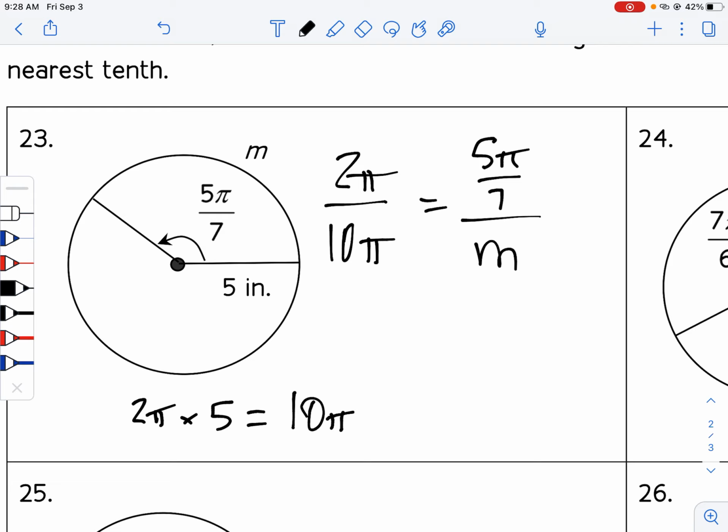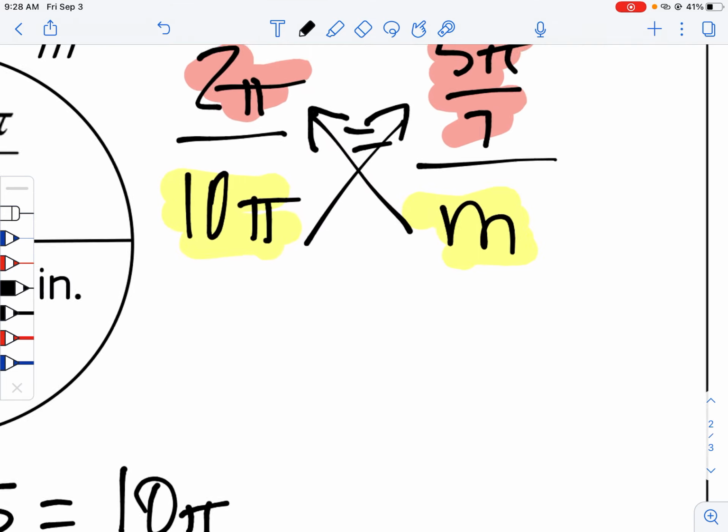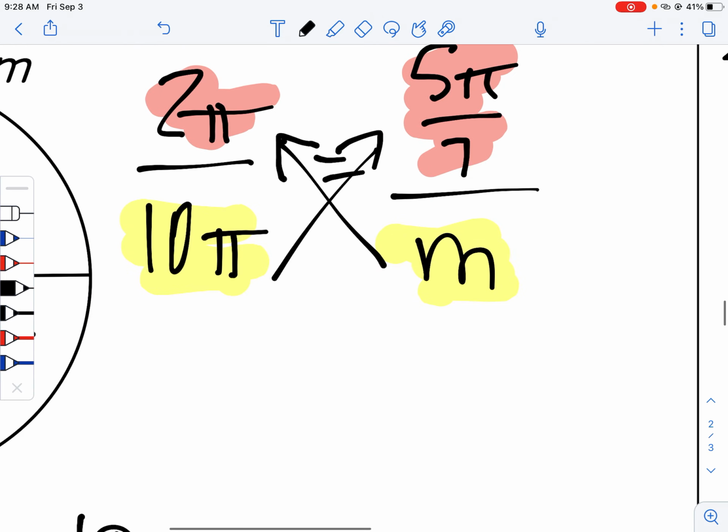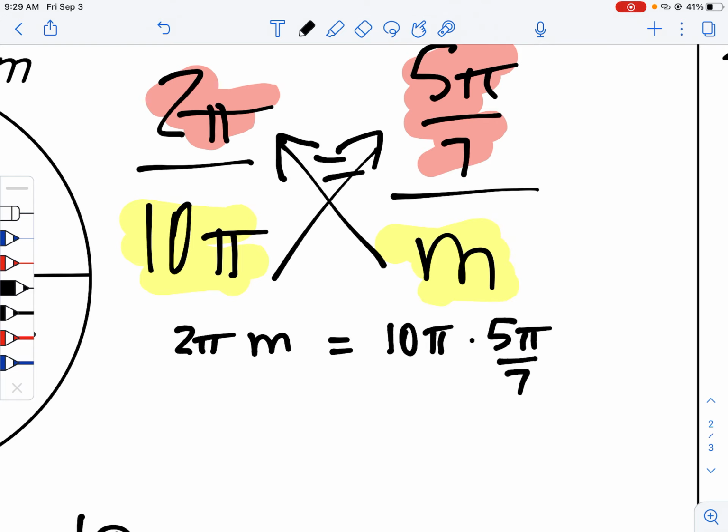Now, it doesn't matter which position these are all in as long as they match. So the way that I have this set up here is I have my circumference and my arc length on the bottom, and then I have my angle measures 2 pi and 5 pi over 7 on top. So as long as they coordinate with each other, this should still work, okay? So I'm going to cross multiply this to solve. So it looks like I'm going to get 2 pi m, and that's going to equal 10 pi times 5 pi over 7.